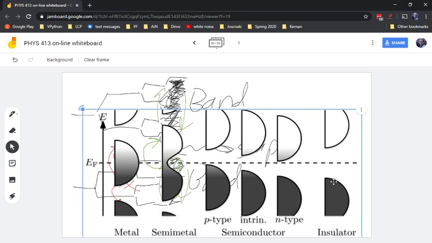Let's see. So yeah, that's just a real brief introduction to how you visualize solid state, because this stuff about bands and gaps explains how different materials behave differently. This is one of the big achievements of quantum mechanics, that we're able to explain how electrons behave in bulk like this. And really the way you study solid state is you just get more detailed than this, right? This is the generic picture.